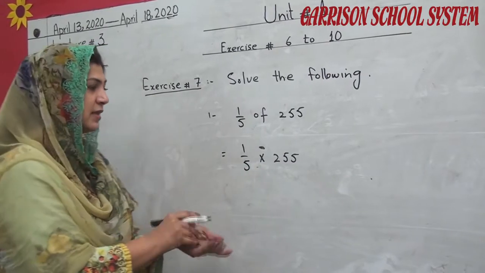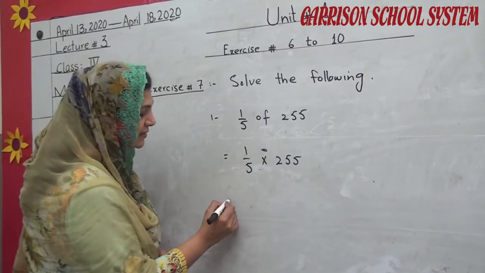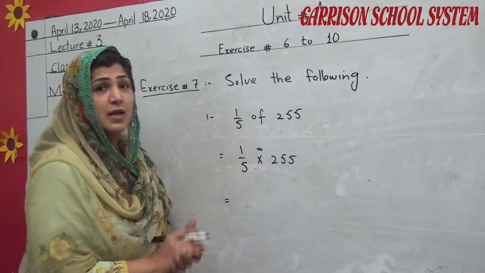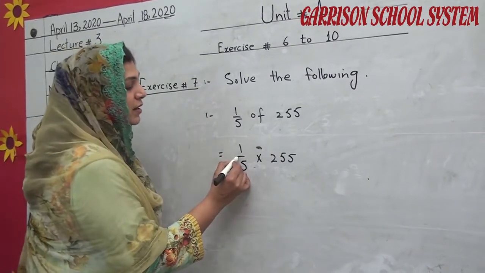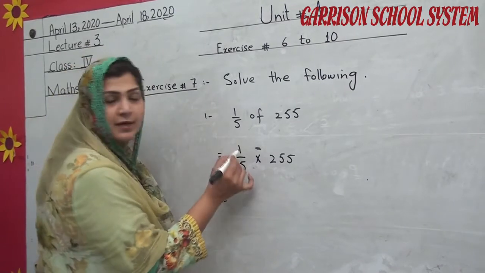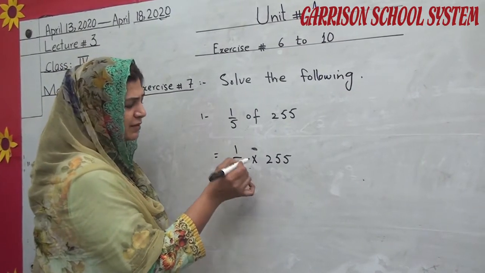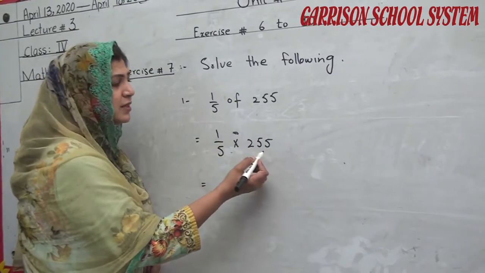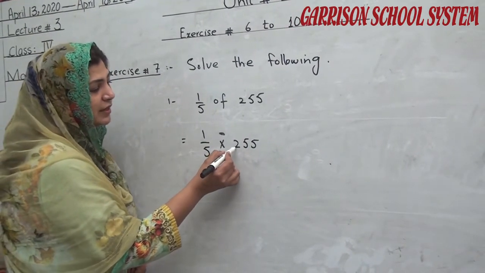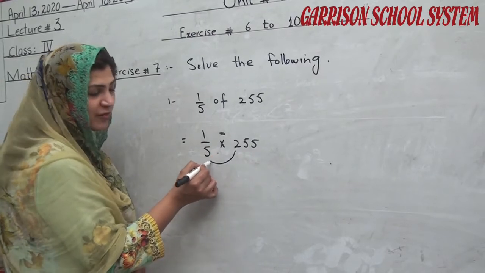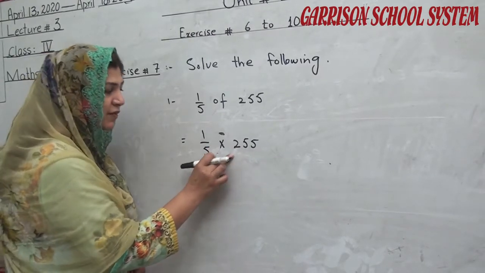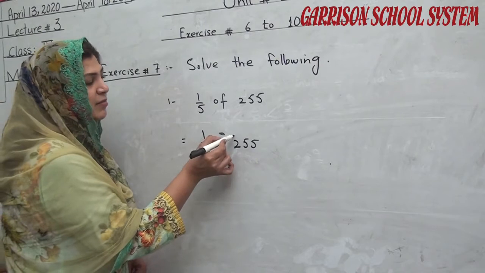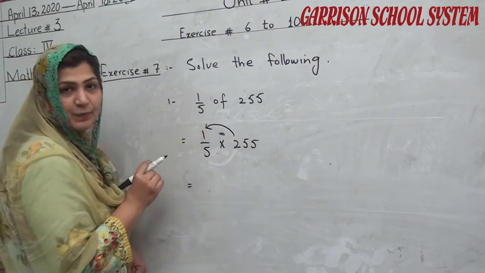So students, what will be the next step? When any fraction is multiplied by any whole number, we will multiply this number not with the denominator. In fact, we will multiply it by the numerator.